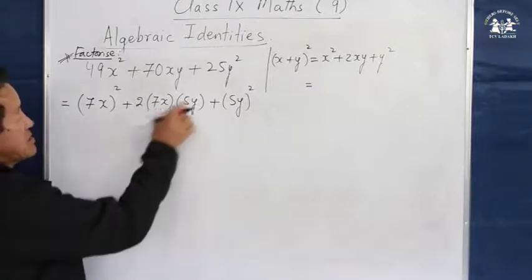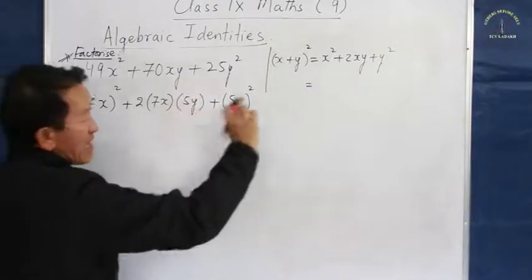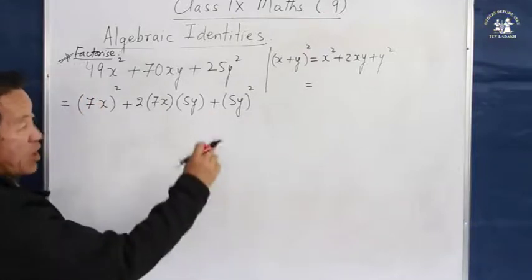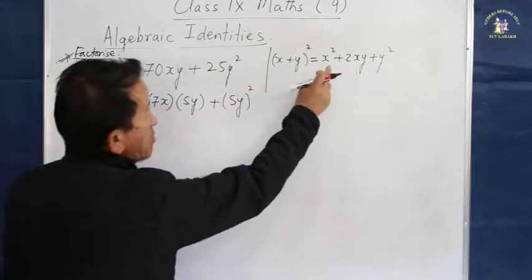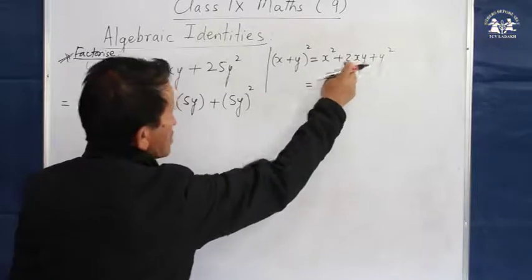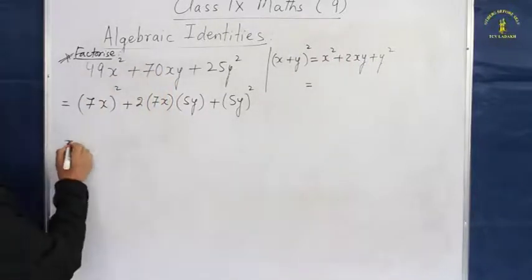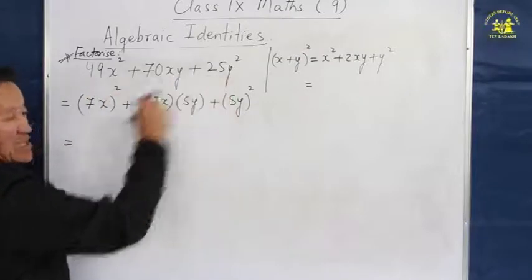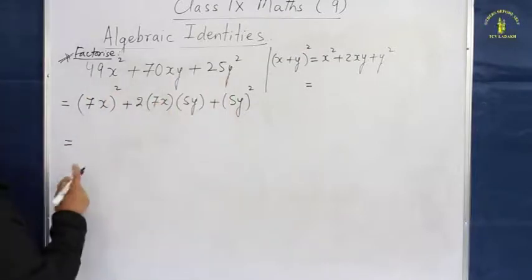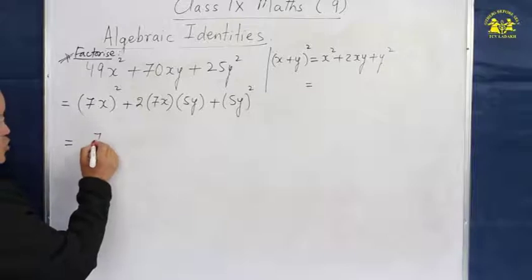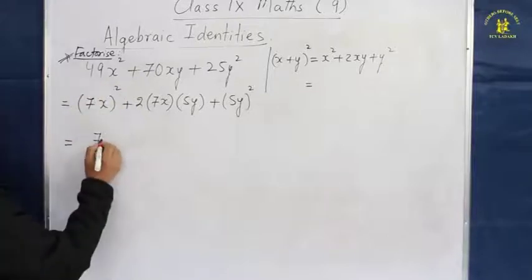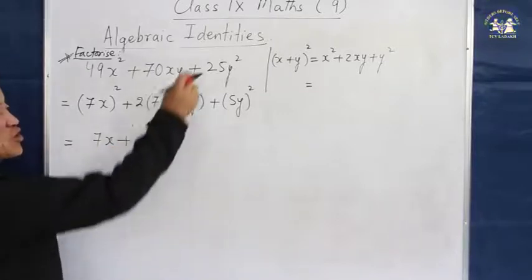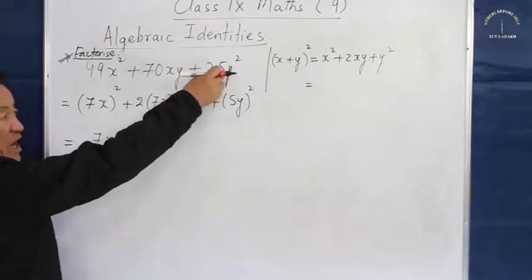So this is exactly in the standard form, x plus y whole square, that is x square plus 2xy plus y square. Therefore, the factors of this polynomial will be the square root of the first term, 7x, plus the square root of the second term, 5y, whole square.